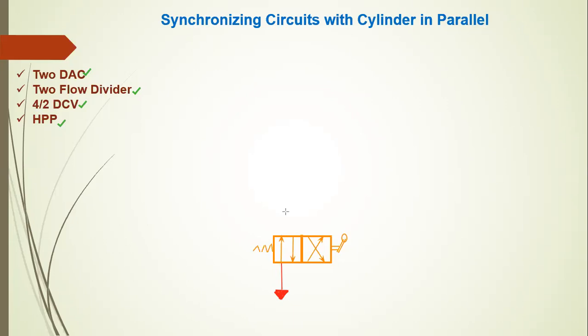Then we require two double acting cylinders. Here I have not drawn the two flow dividers, because first I draw the normal parallel circuit, which is not a synchronized circuit.